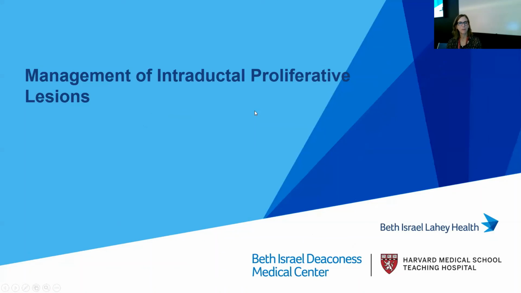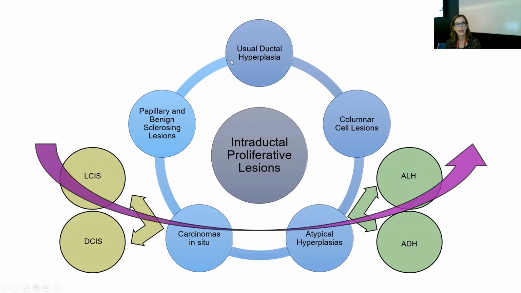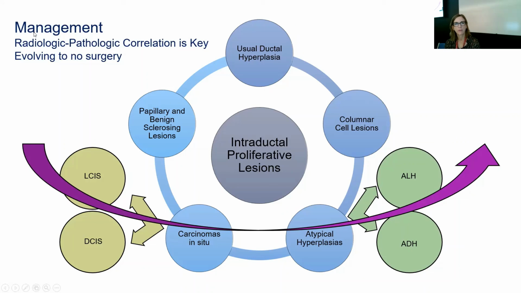So this is just the management, putting it all together in a final diagram. So at least bearing in mind in the US now, this cut point here is really that radiologic pathologic correlation is key, and we're evolving to no surgery if there's rad-path correlation and no ductal atypia.